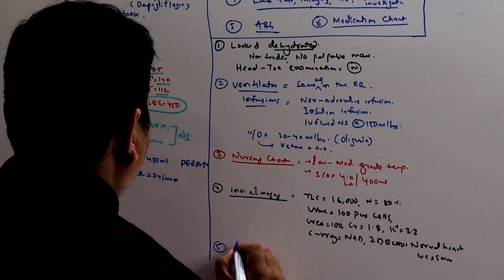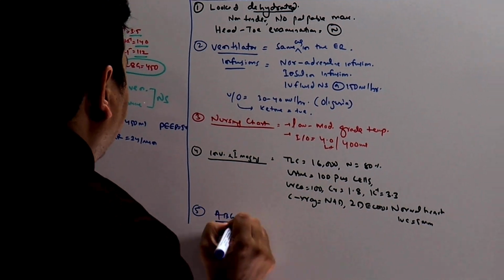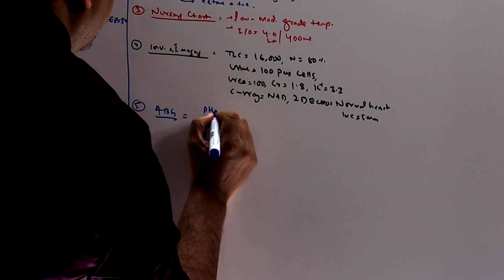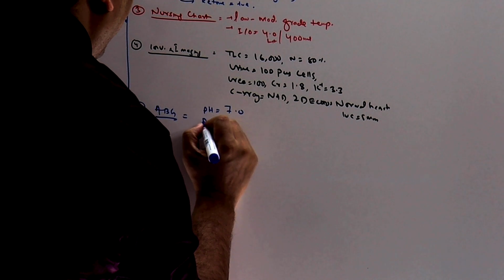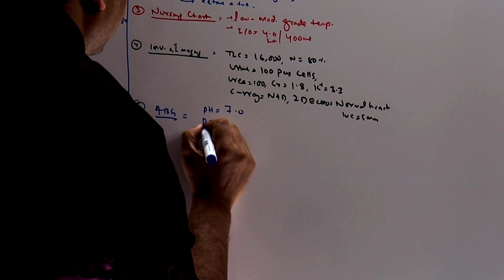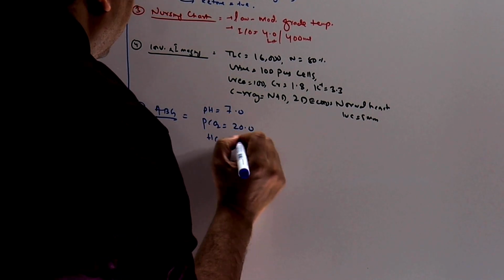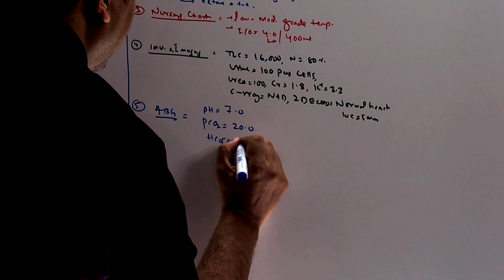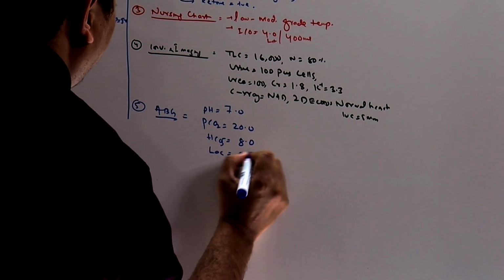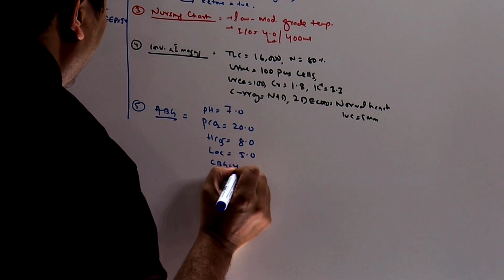Right. Number 5, ABG we repeated here. pH is 7.0, PCO2 is 20.0, bicarbonate is 8, lactate is 5, CBG is 400.